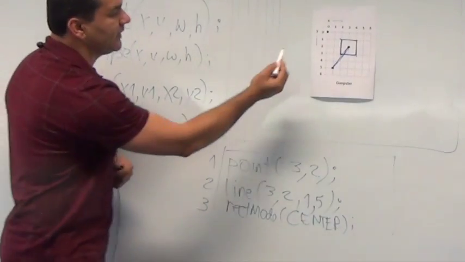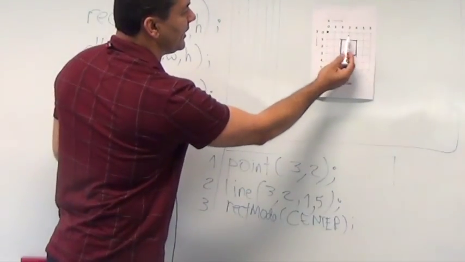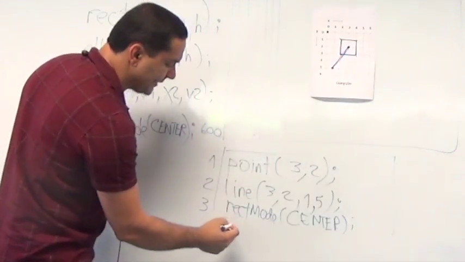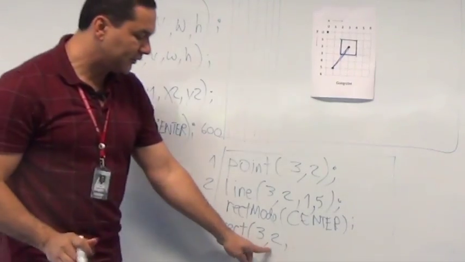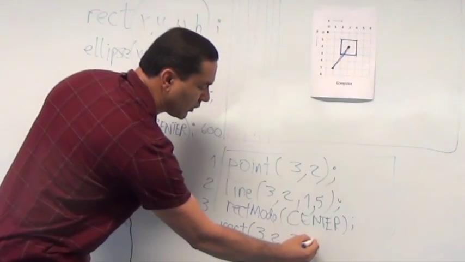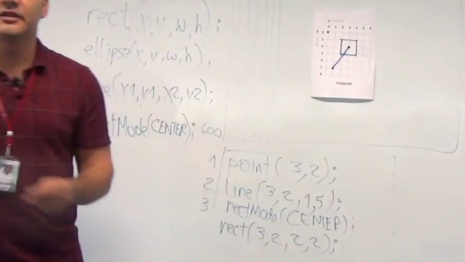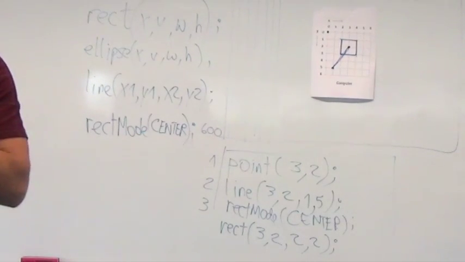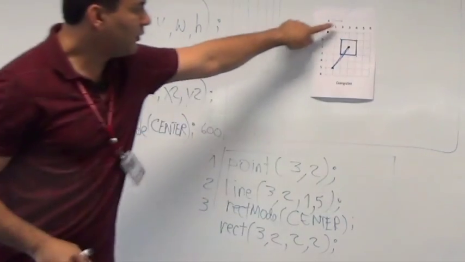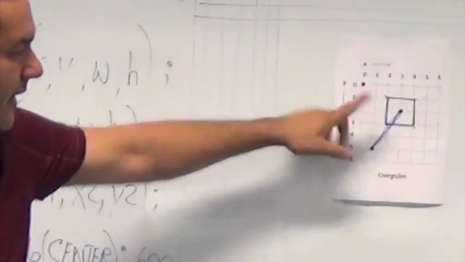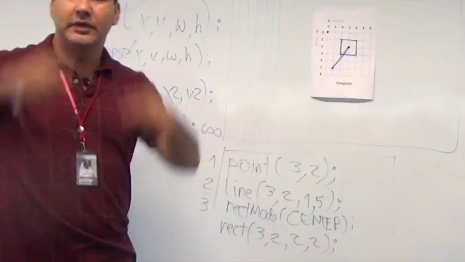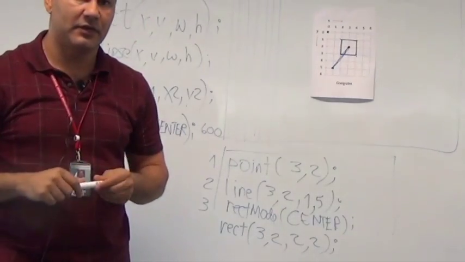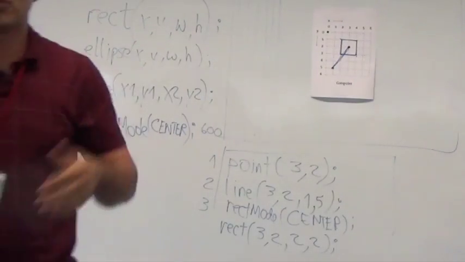So if you put 3,2 and then you say 2,2, because rect needs 4 numbers, the first 2 numbers indicate the exact position of the starting point. That would be 3,2, and then because I do 2,2, it would draw the entire rectangle as if it were a square.